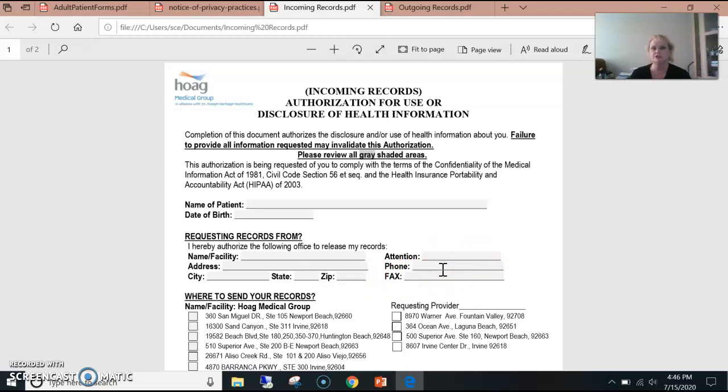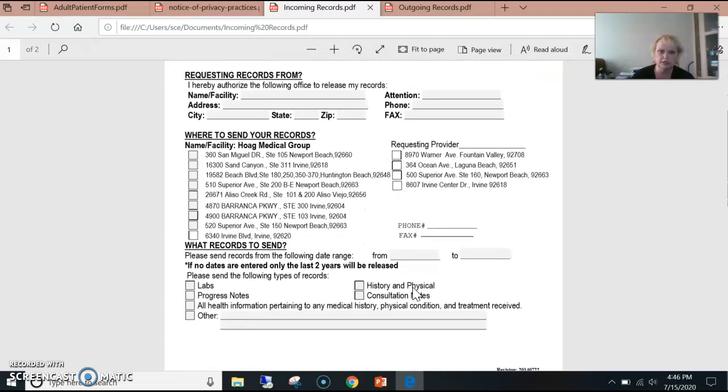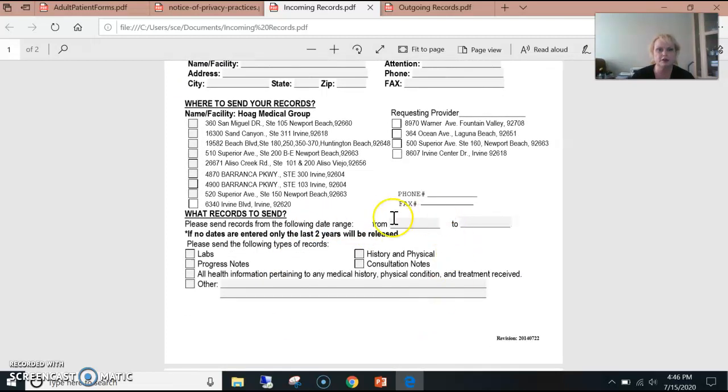Then I would usually try to Google the fax number, and you fax it over. And you'll put down here which one of your doctors is requesting their medical record. And you want to check off your site location. And you want to be very specific here. What does your doctor want to be released to us? I want to be very specific as well in terms of the time.